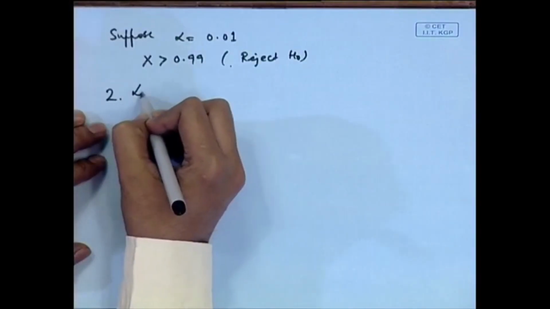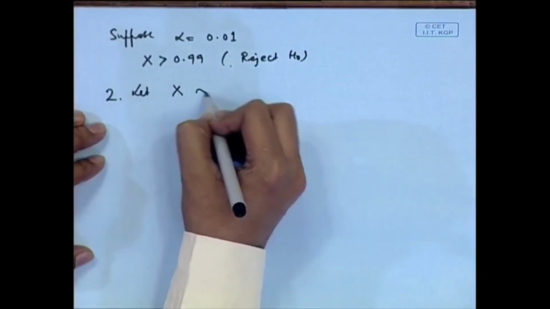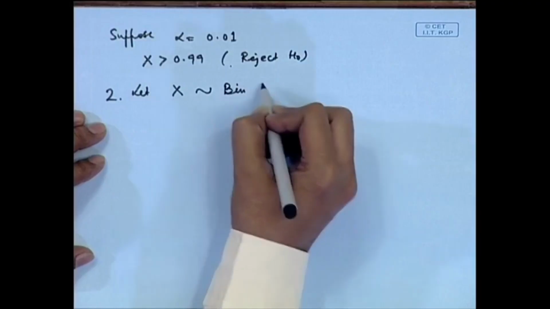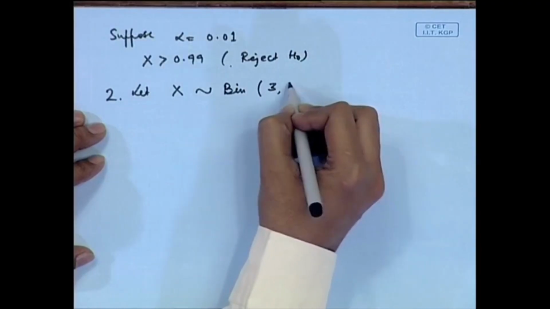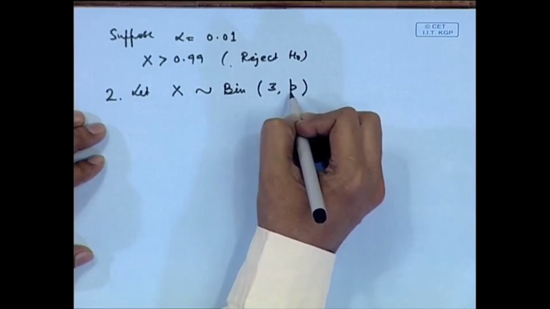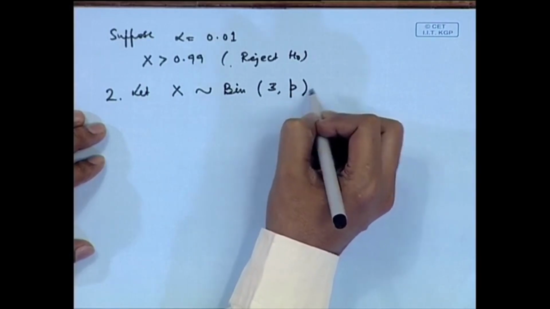In the case of discrete distribution, we may have to take some randomization, which is explained through the following example. Let X be a binomial random variable with parameters n equal to 3 and probability of head p.